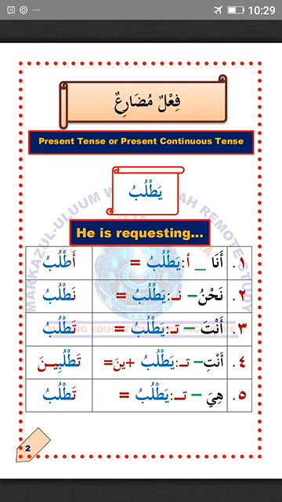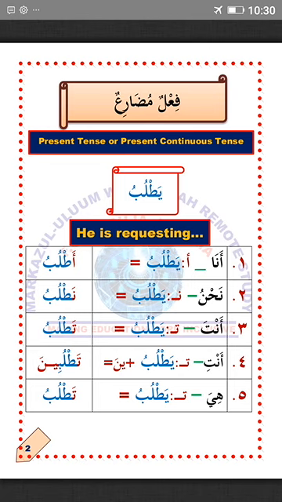This is a form of verb in Arabic that one can use to talk about an action happening at the moment or something that we do on daily basis, like going to school, going to work, or going to mosque. As I am teaching now, the only form of verb in Arabic that I can use to talk about what I am doing now is called fi'lun mudari.